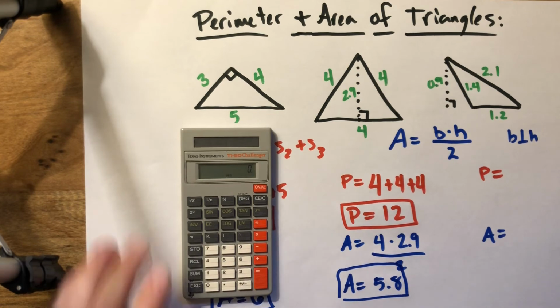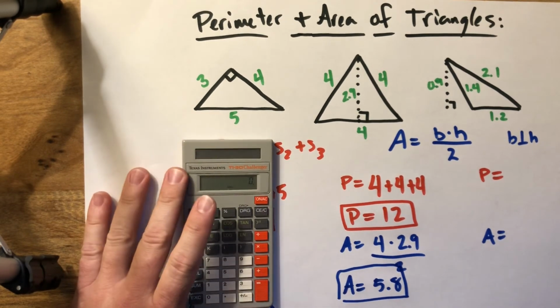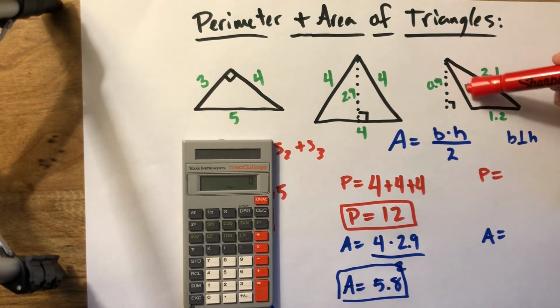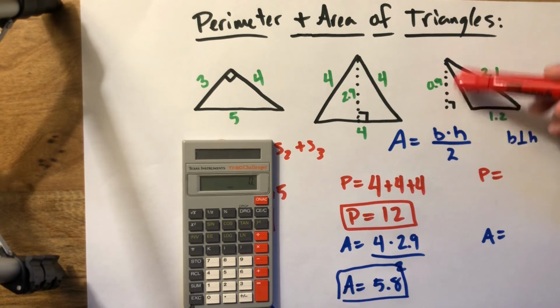Last one for this lesson, it's kind of a weird looking triangle. Let's break it down first by perimeter. Perimeter is add up all the sides, those solid sides, not the 0.9, not the dotted side.